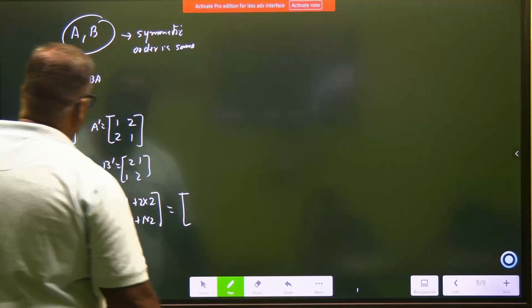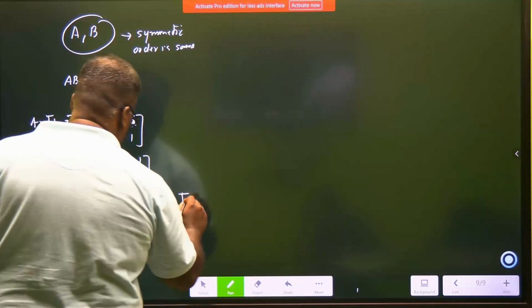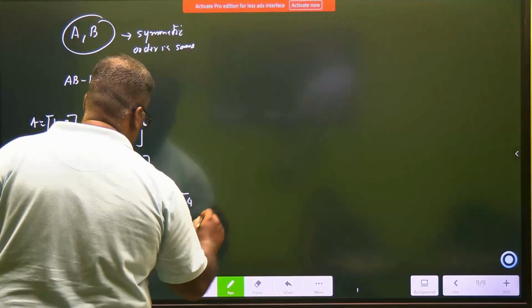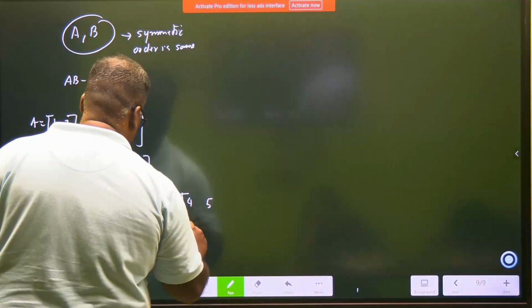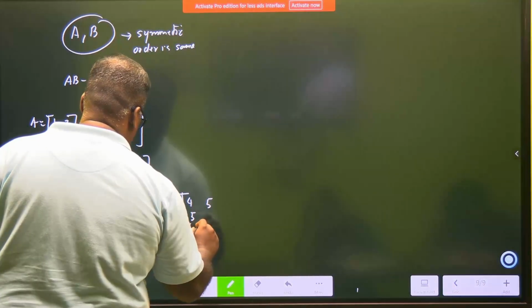Two ones are 2, 2 plus 2 is 4; 1 one is 1, 2 twos are 4, so 5; 2 twos are 4 plus 1, 5; and 2 ones are 2.